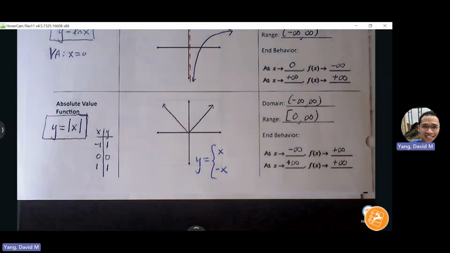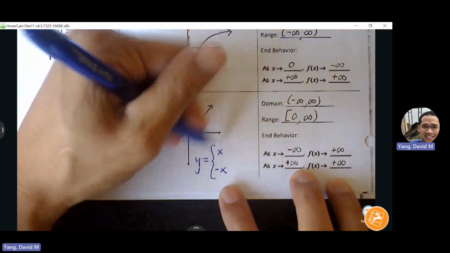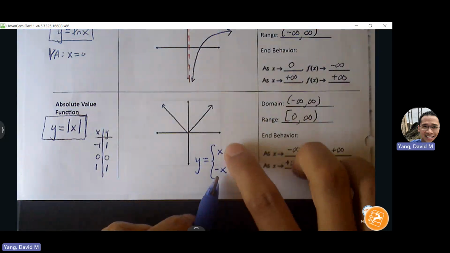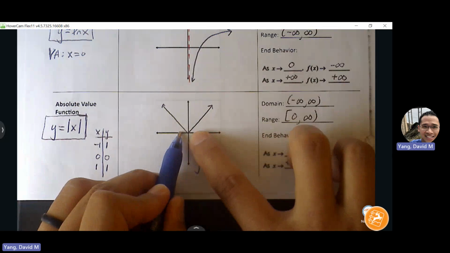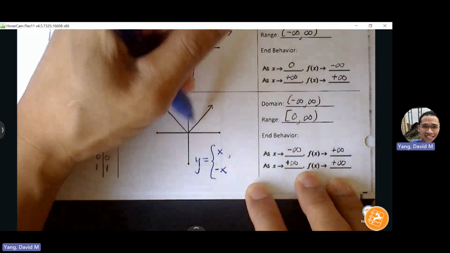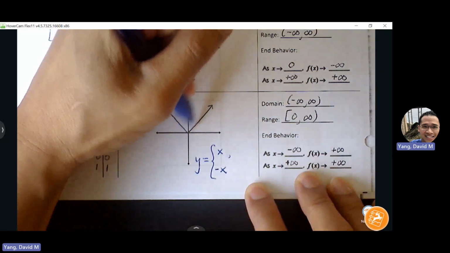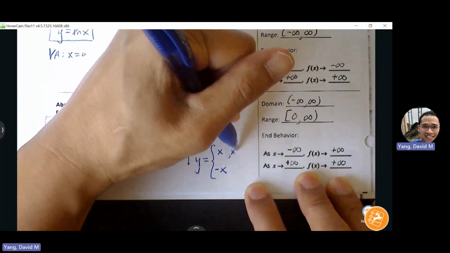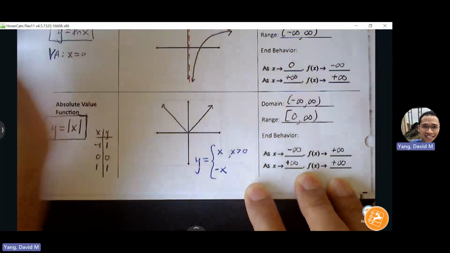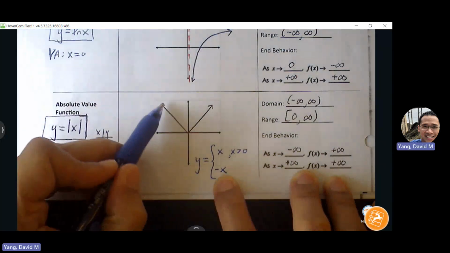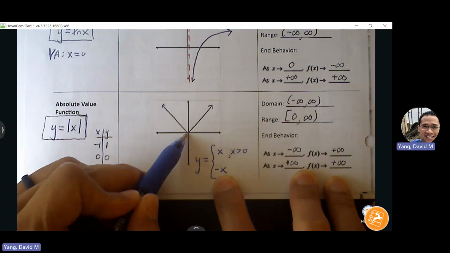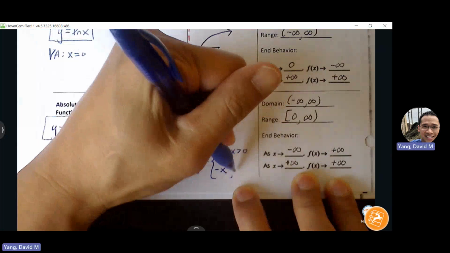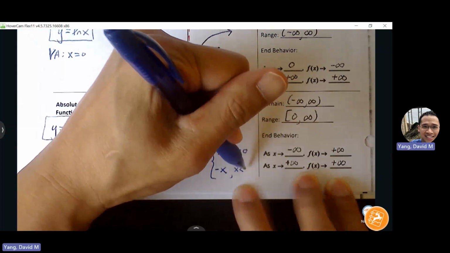And if it looked like an x, it would no longer be a function because it wouldn't pass the vertical line test. So the way that we can limit these lines so that it actually forms that V is to say that I only want this positive slope to show to the right of 0. And for negative x, I only want this negative slope to show to the left of 0.